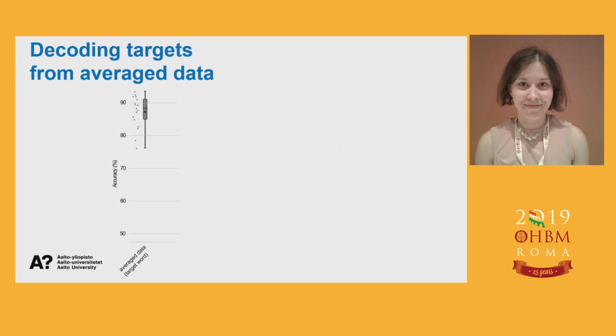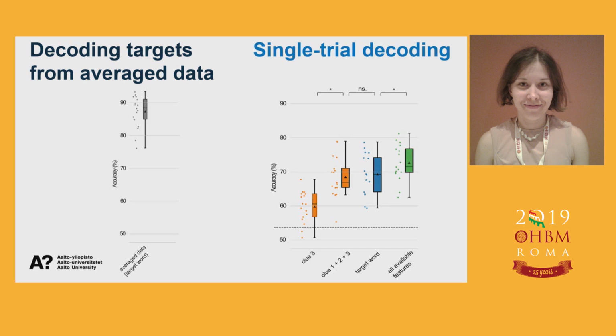This served as an indication that the task seemed to be working as intended. In the single-trial decoding analysis, we had a more careful look at the content of the resulting representation. In the right-sided box plot, the decoding accuracies are plotted for each model separately.